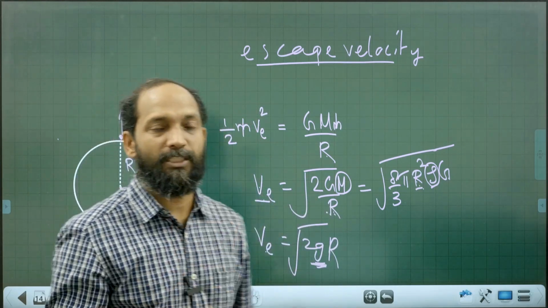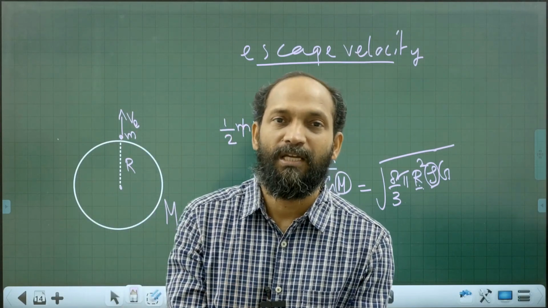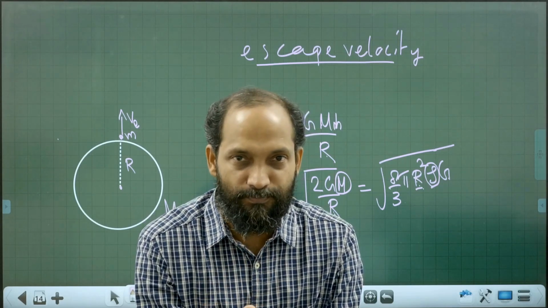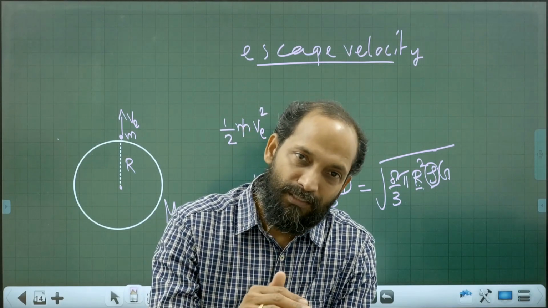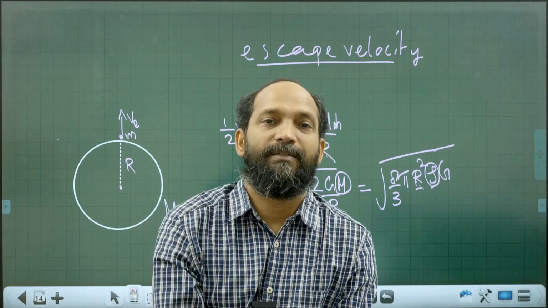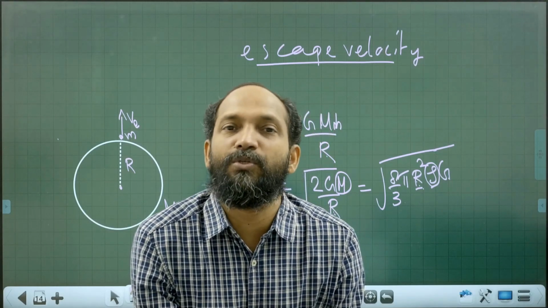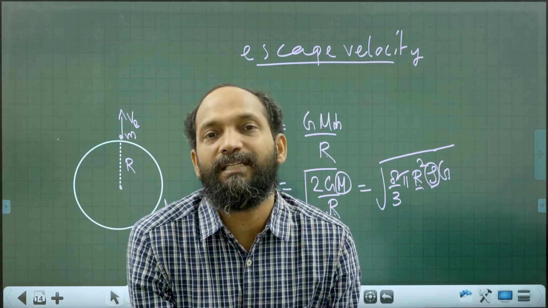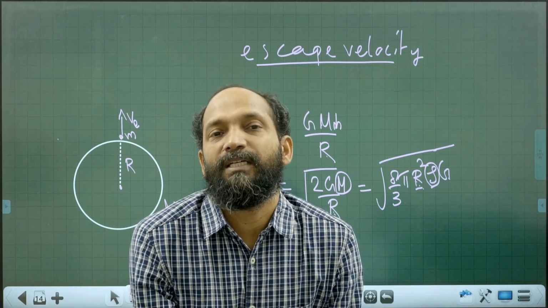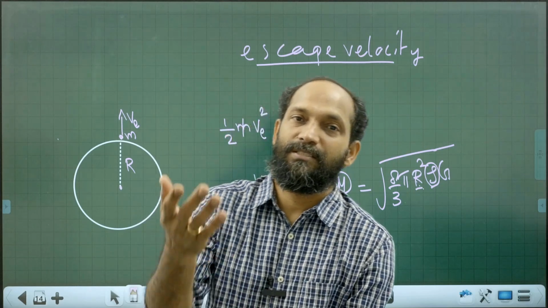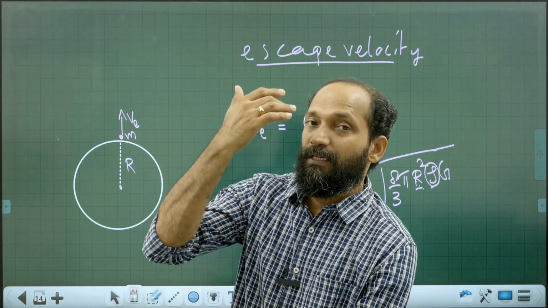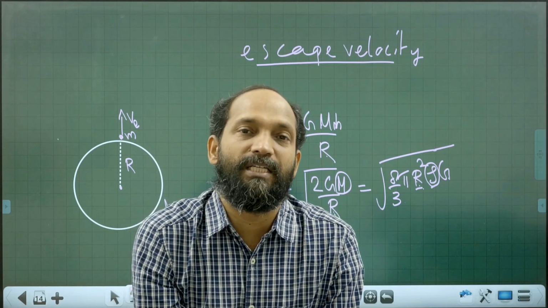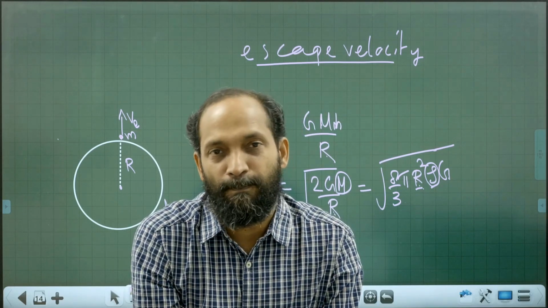When an object is projected with escape velocity, its total mechanical energy at the point of projection is 0. During the onward journey also, its total mechanical energy remains 0, but its kinetic energy reduces as it goes. At the highest position, where it just escapes, kinetic energy becomes 0.